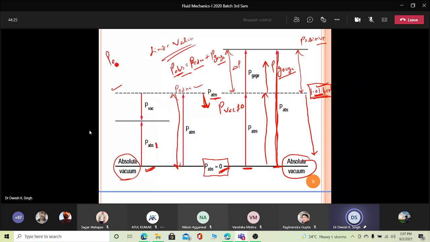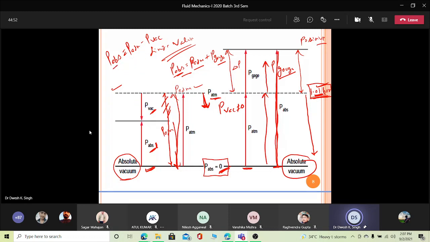So the formula of the absolute is, look at here, this is your atmospheric pressure, this is your P atm. To find the absolute, we have to subtract this pressure. So when you subtract this line, this will give you this absolute. So P atm minus P vacuum will give you absolute in the case of vacuum.